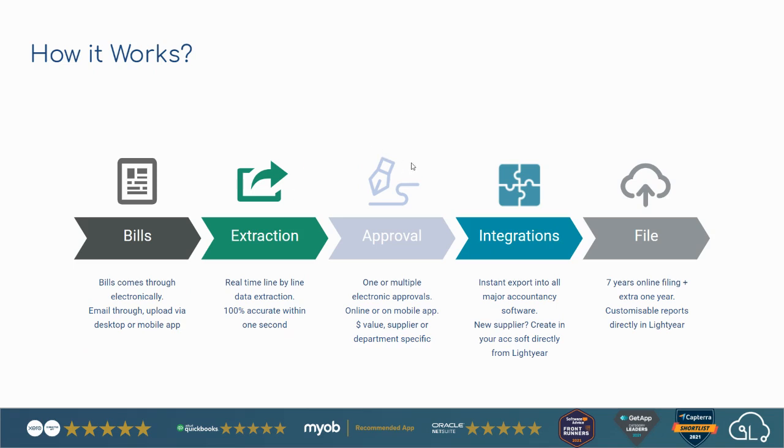Once your data is extracted, then it will run through the approval workflow in this specific Lightyear account. This will have been set up by your accounts team or your finance team for specific invoices to be assigned to specific users, either using the approval task feature or by segregating users into departments. So users simply log in and review and approve the invoices that they have access to.